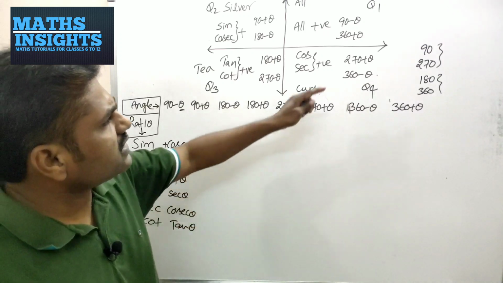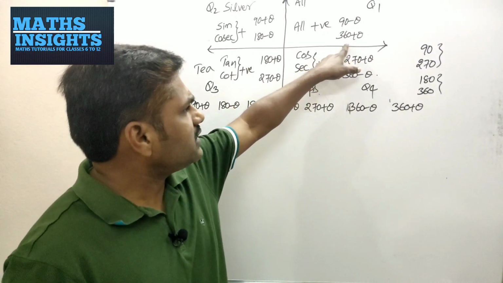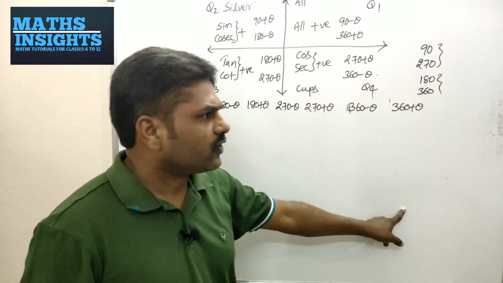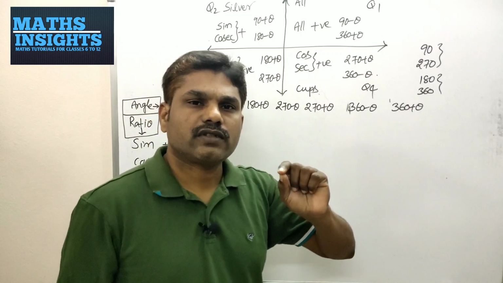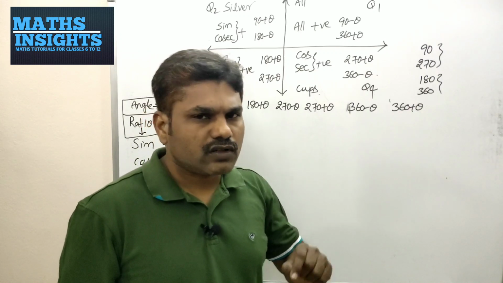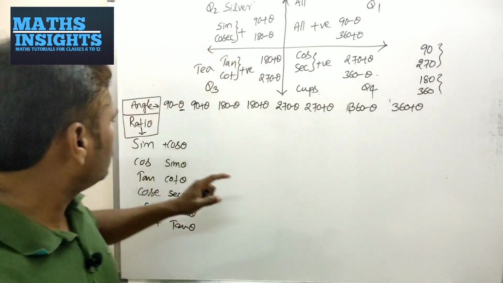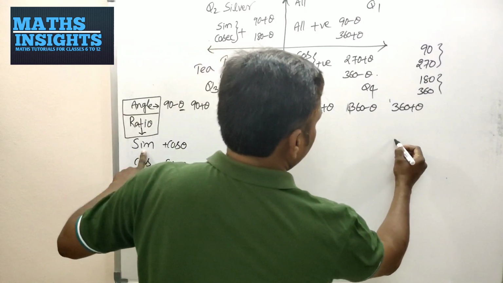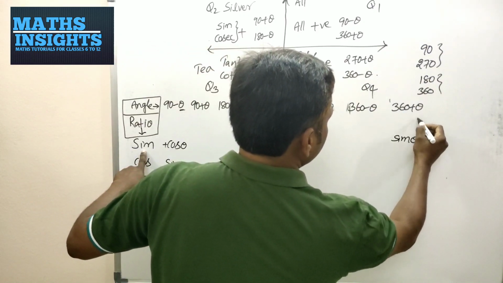Similarly, observe the next angle in the first quadrant, that is 360 plus theta. When 360 or 180 comes, the ratios will not change and those will also be positive. So for sine, you will get sine theta again. Why? Because theta is here.